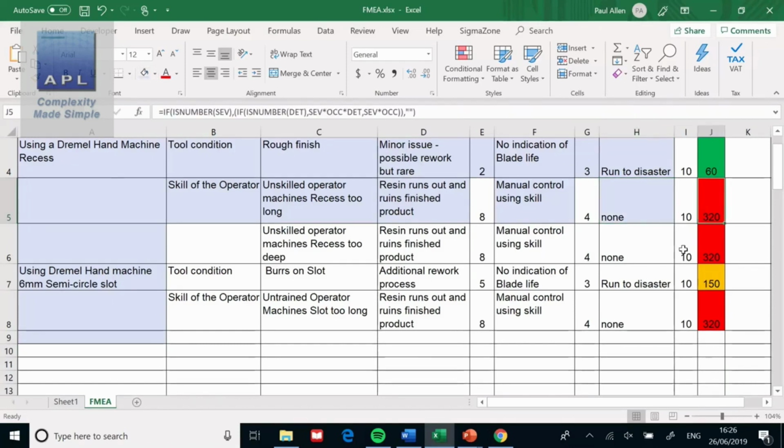Now, I'm not going to finish the rest of this FMEA off. But if you look at this, it would be telling the engineer, if you allow this poorly controlled, low fidelity solution to go forward, you run the risk of high reject rates, lack of control on the computer in terms of stock accuracy.